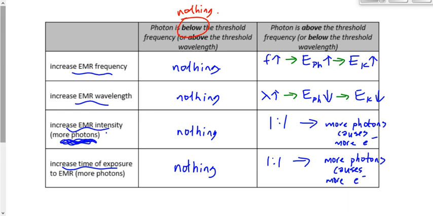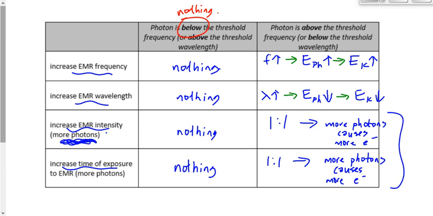Remember the demonstration we did yesterday in class? The paper represented the photons. The person represented the piece of metal. We threw the paper at the person, one single photon below the threshold frequency, nothing happened. 25 photons below the threshold frequency, nothing happened. Increase the intensity, nothing happened.